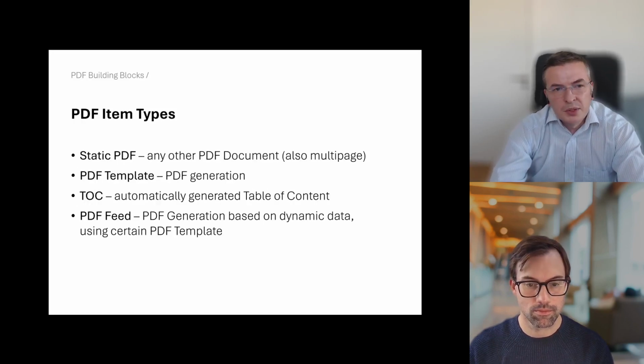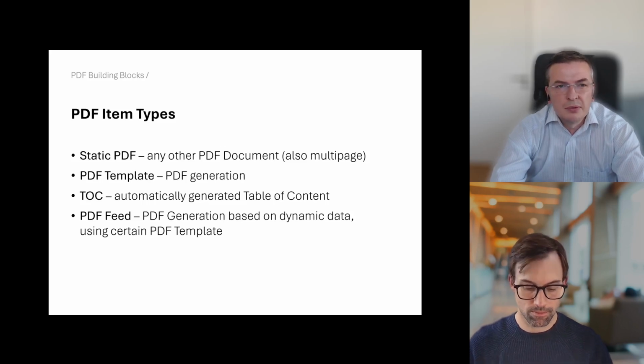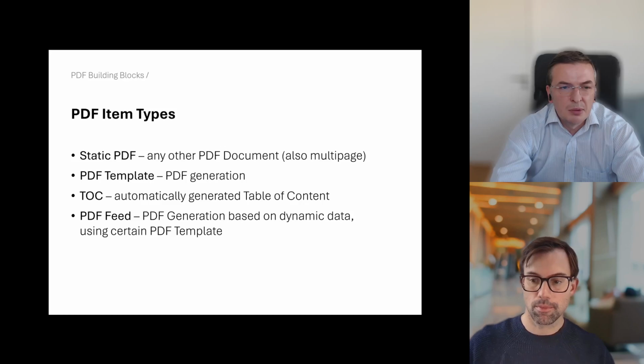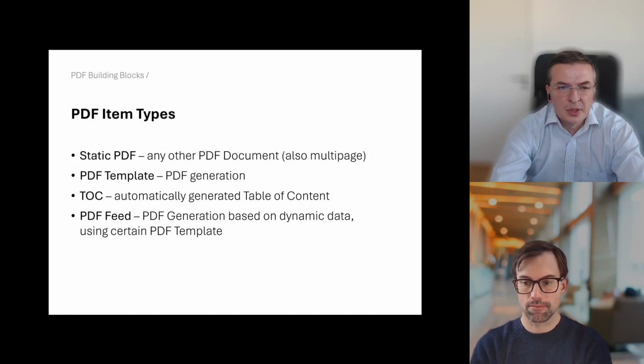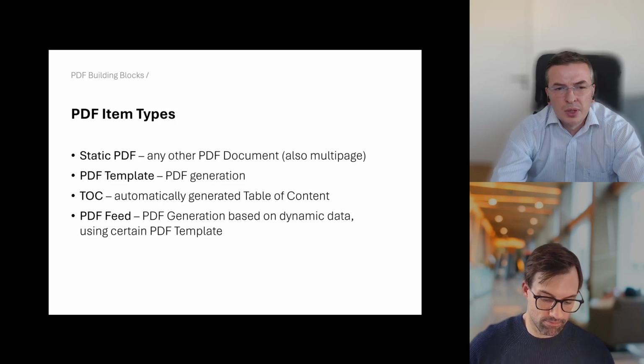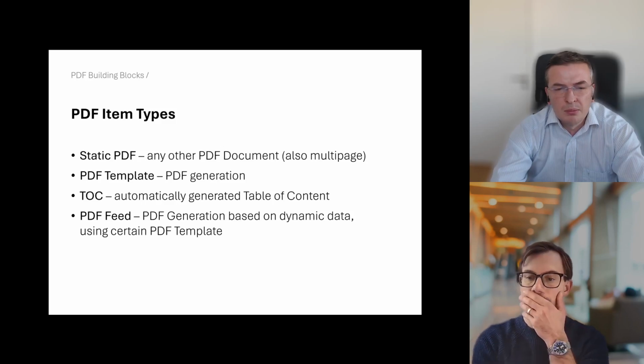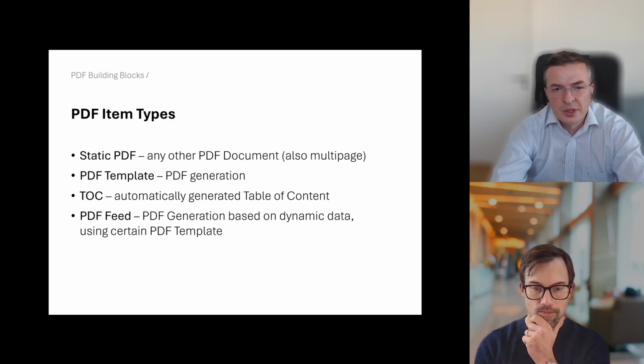Okay, how do we manage all that and how do we create our PDFs? We defined so-called types for our PDF building blocks. These building blocks are, for example, the ability to use a static PDF, so I can upload some PDF file which I generated in InDesign or some other way.